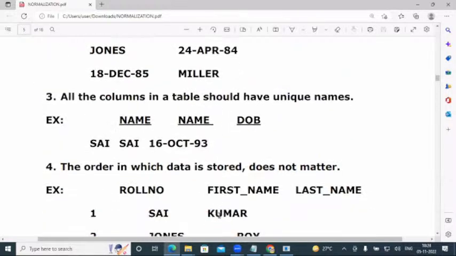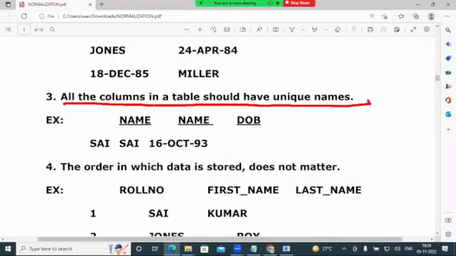Third rule, what is my third rule? All columns in a table should have unique names. Unique means same name or different names? Different names. Okay? So now observe.